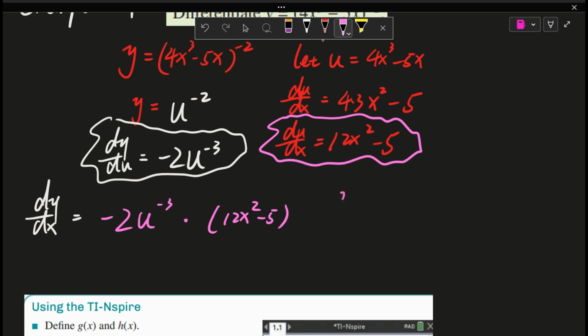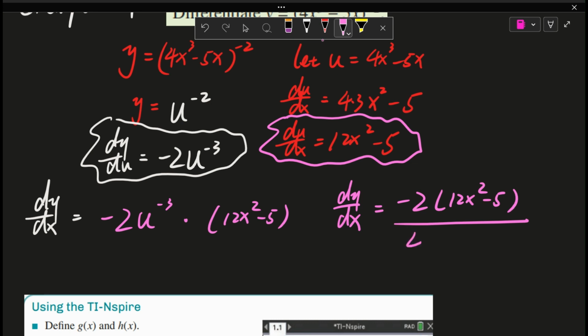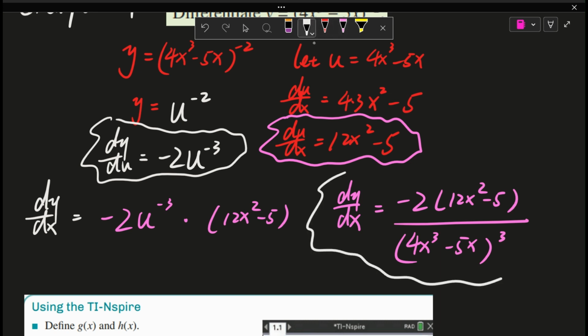So dy/dx equals -2(12x squared minus 5) over (4x cubed minus 5x) cubed. You can write it as a fraction or in one whole expression, I don't mind. Personally, I like to write the fraction at the end of the solution.